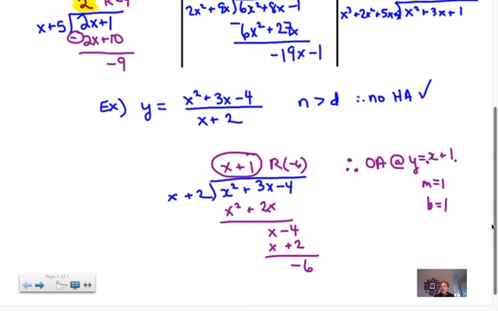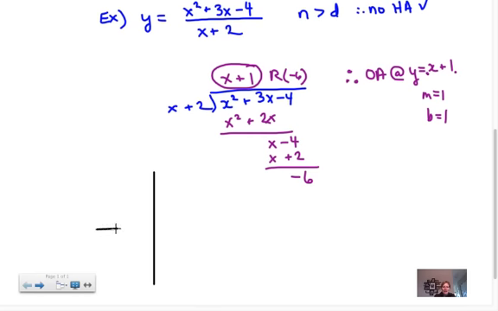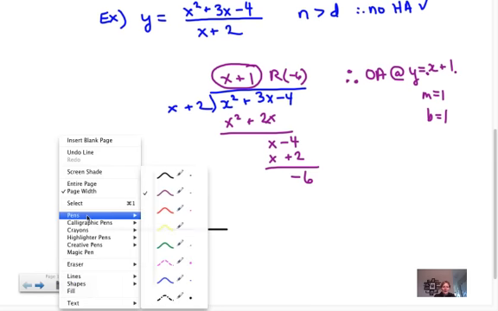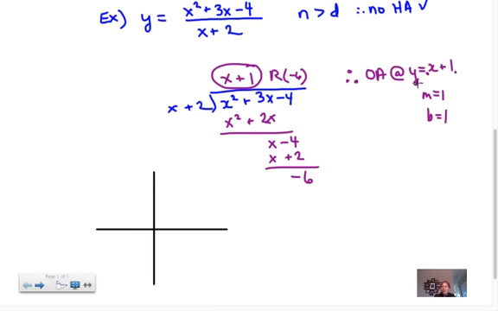Well, let's see what this is going to look like on a graph. So I've got my x and y axes, and what I need to do is to put in my oblique asymptote. Now my oblique asymptote is going to go through the point y is equal to 1. So let's say that's about there.